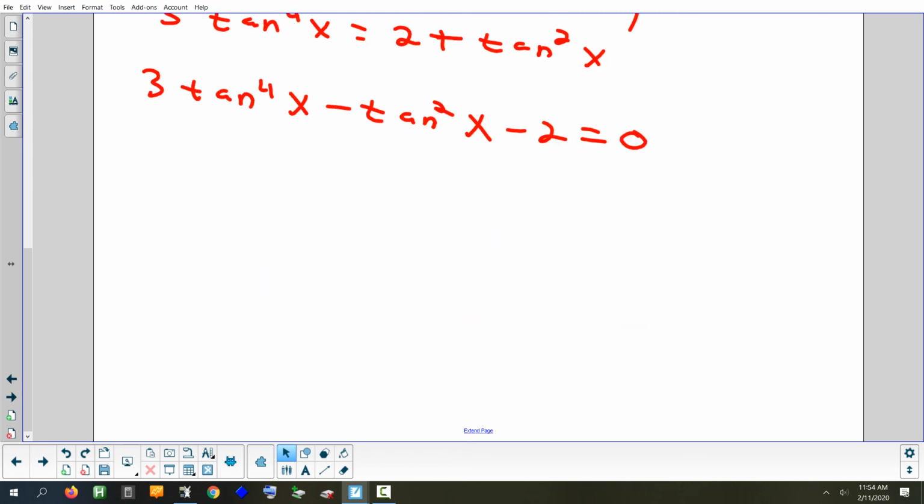Okay. So now what you're trying to factor is this. Might be easier because sometimes you just get confused when you see tangent. Pretend it's not tangent. Pretend it's just x's. Let's try to factor that.